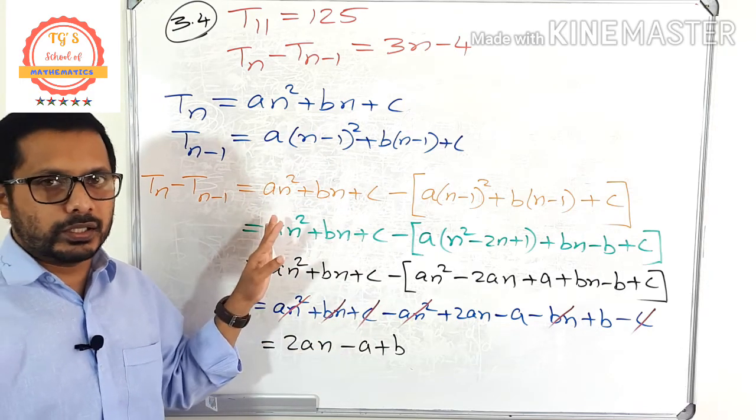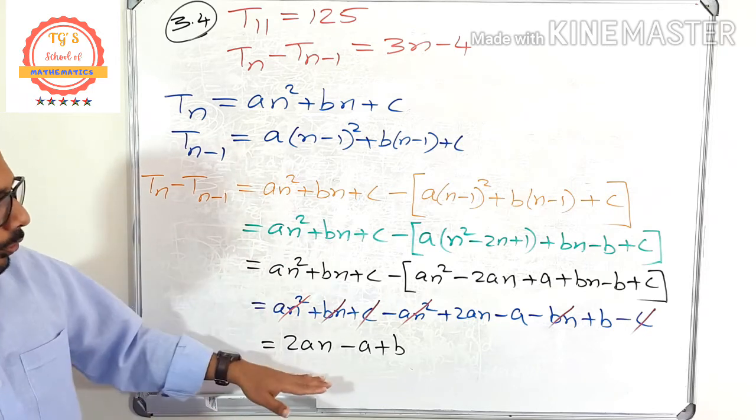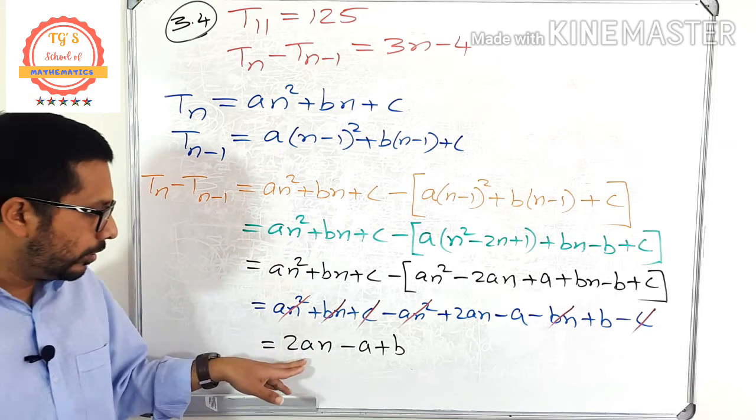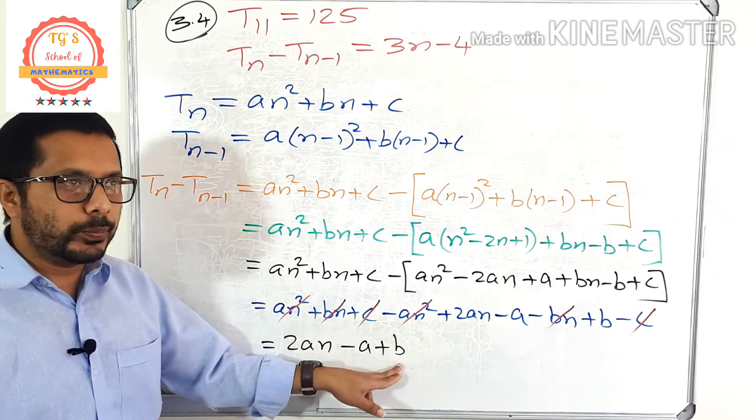I am going to erase this one, then I am going to continue from here. So don't forget that our Tn minus Tn minus 1 is 2an minus a plus b.